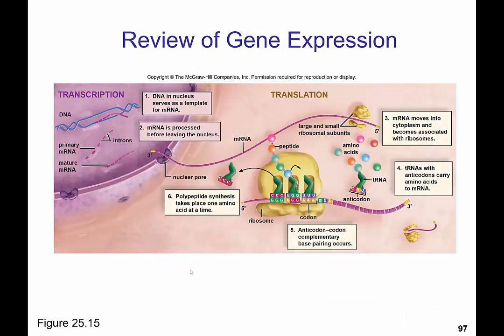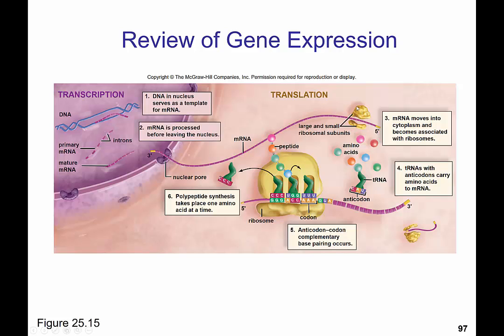Reviewing gene expression, first, within the nucleus, we have DNA that serves as a template for messenger RNA. Second, messenger RNA is processed before leaving the nucleus, comes out through that nuclear pore within the nuclear envelope. Then, messenger RNA moves into the cytoplasm of the cell and becomes associated with ribosomes.